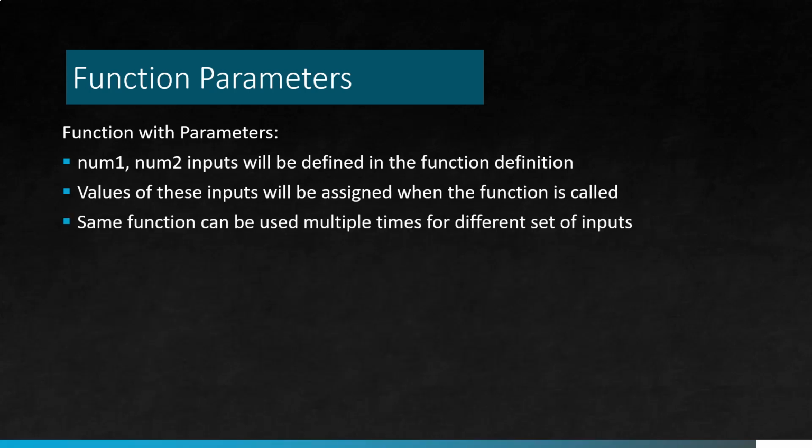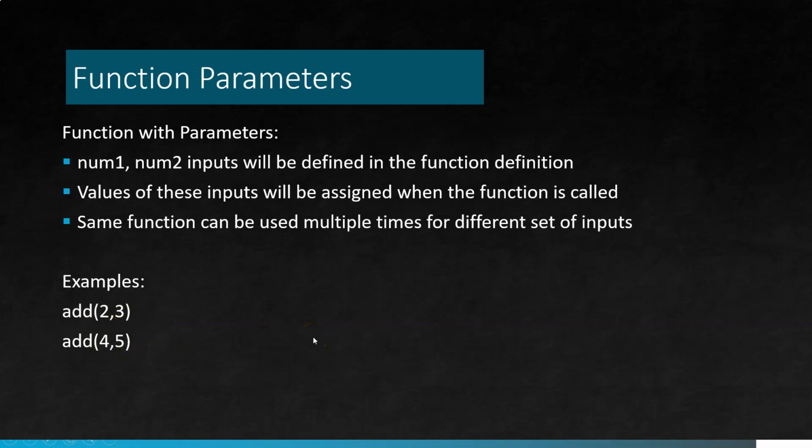The same function can be used multiple times for different sets of inputs, because in the definition we are just setting what our inputs are, but we are not assigning any value. That will be done when you call the function. As you can see, we can call our function multiple times with different inputs, 2, 3, 4 comma 5, and this will generate different output.